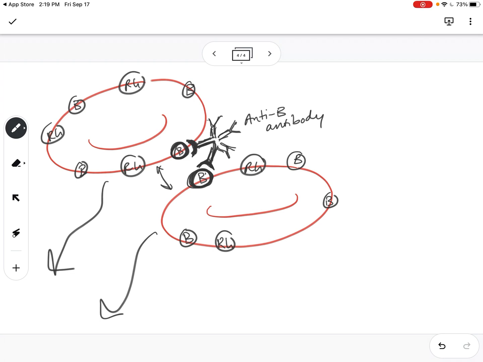Because this antibody has 5 arms, there's another spot here where it could find a B antigen and latch onto it. So you could end up with 5 different red blood cells all stuck together. And that is a clump, and clumps can lead to clots, and clots can lead to death. So we don't want this happening. We don't want antibodies running around the system detecting the patient's own red blood cells and making them clump together. That is what we want to avoid.